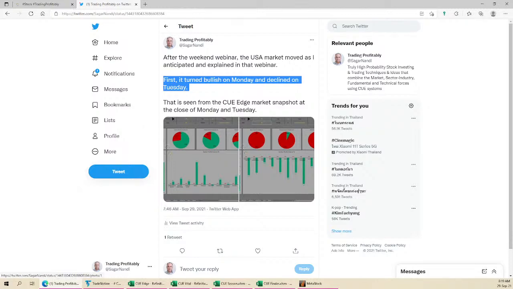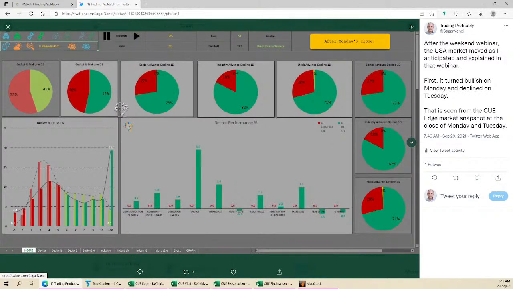Remember, in the weekend webinar, I said that because of the bullish closure of the weekly candles of the market ETFs, it was expected the market would go up at least somewhat. And this is Monday's picture. Indeed, that happened. After markets closed on Monday, the sectors, industries, and stocks were bullish.